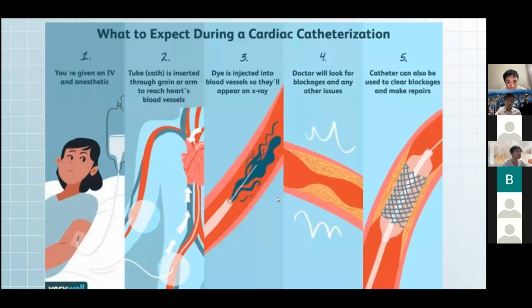The tube will be inserted through the groin in order to reach the blood vessels. Then we will inject some dye so that it can appear on X-ray, more on that later. Then the cardiologist will look for the blockages as well as any other unrelated tissues, and at the same time, insert the catheter to actually make repairs.